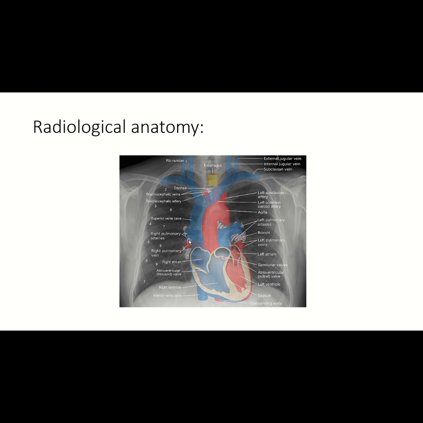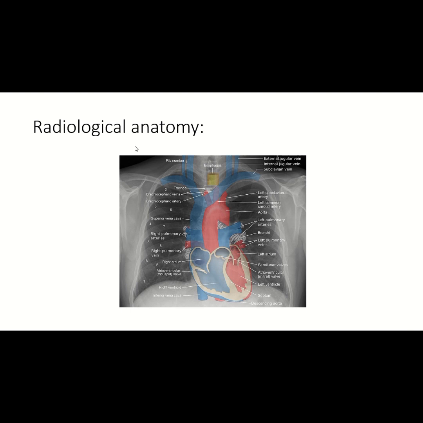Similarly, we can see the posterior part of the pulmonary trunk. Posteriorly, there are two arteries and one vein: two right pulmonary arteries and two left pulmonary arteries. While on the right side, there is a right pulmonary vein, and on the left side, two left pulmonary veins.